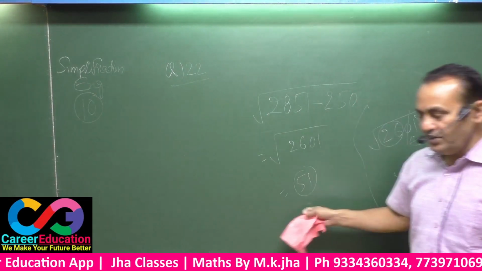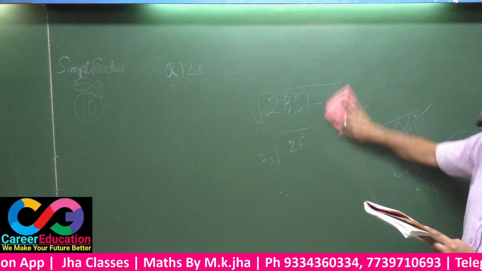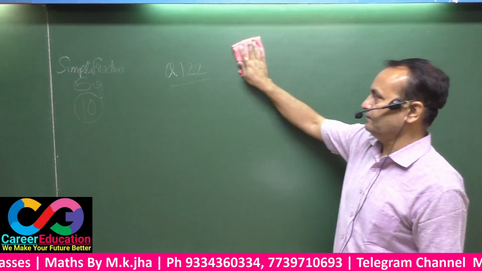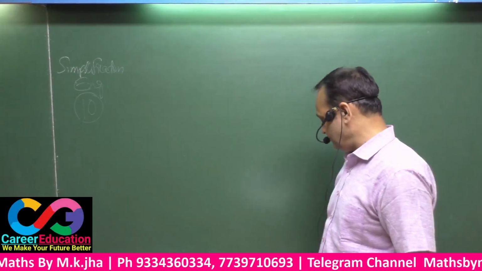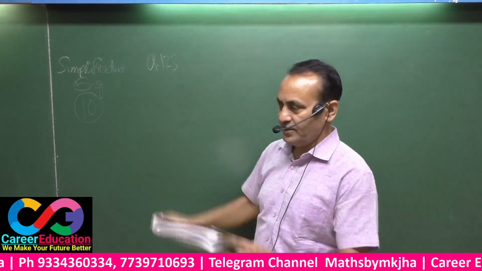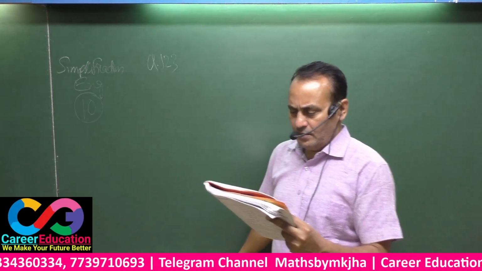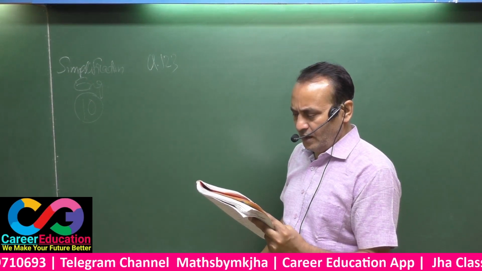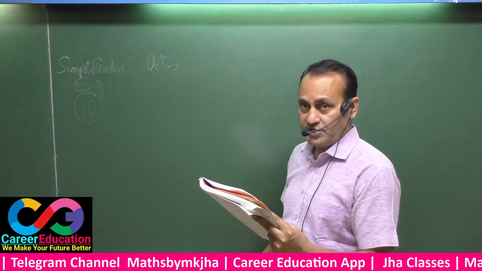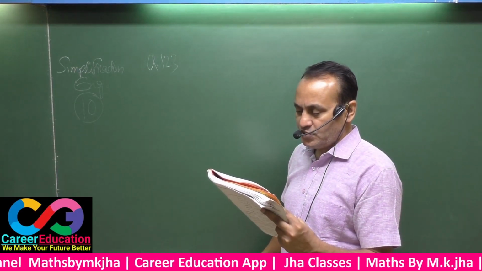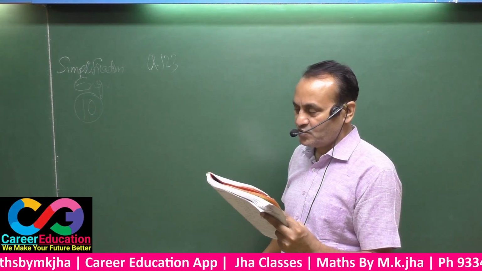Now, the next question is 123. Find the total number of digits obtained in the square root of a 13 digit perfect square number.